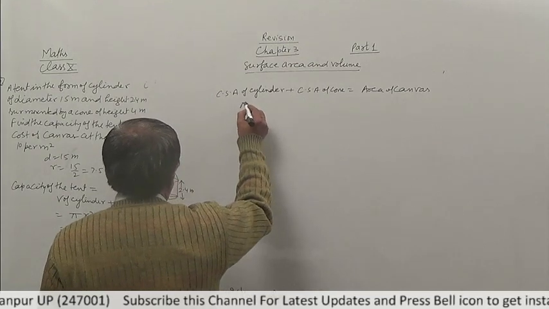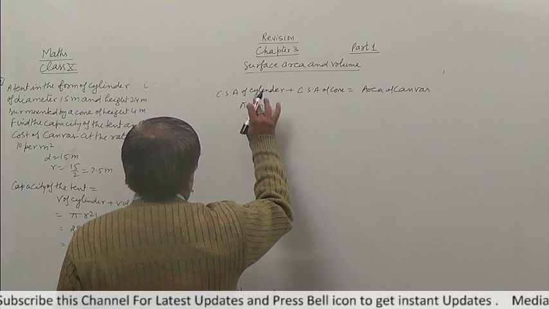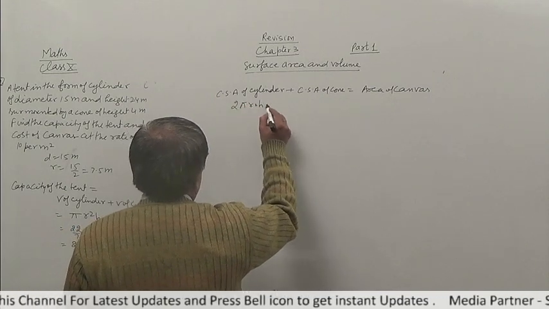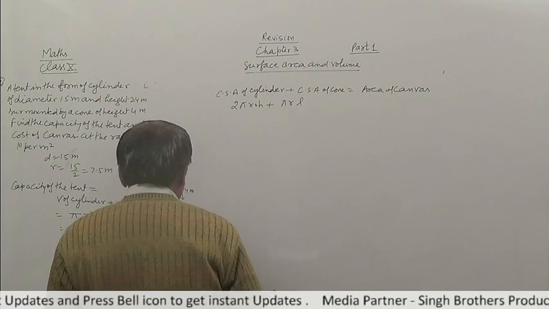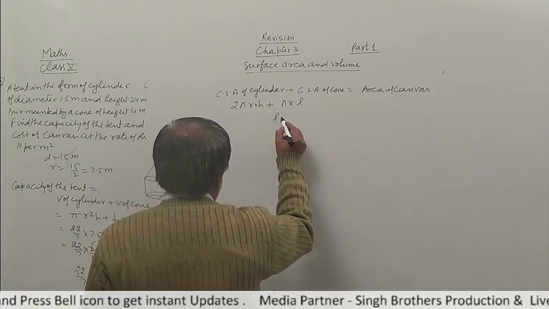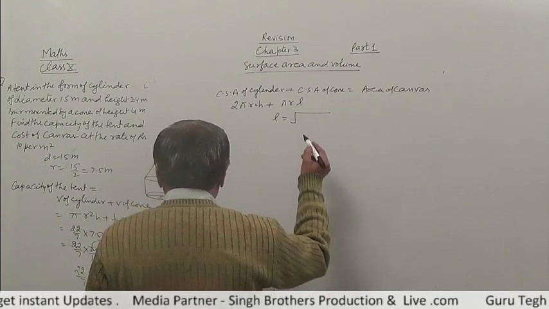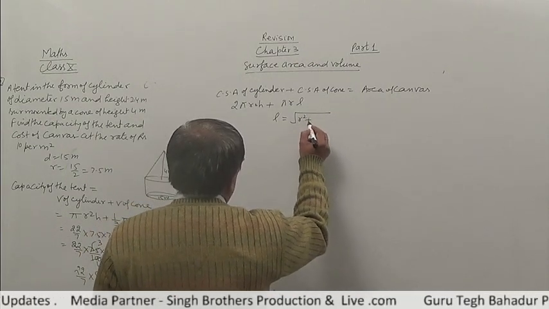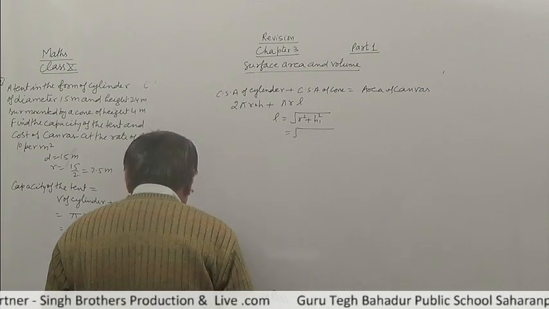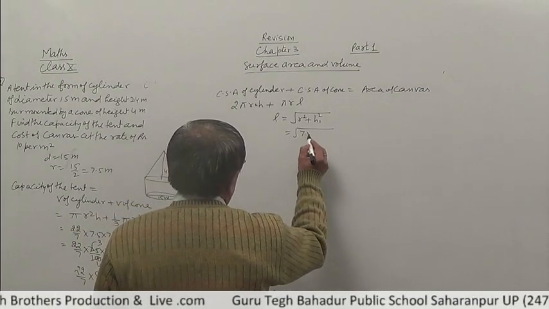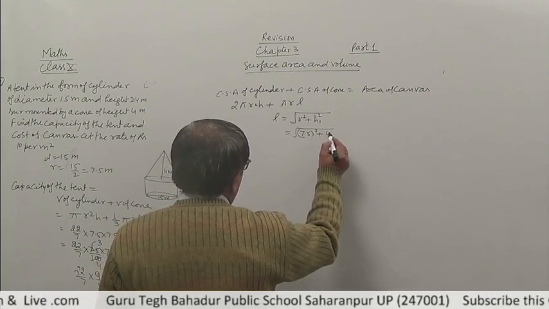So it is 2 pi r h plus pi r l. Now find out the value of l. l is the square root of r square plus h1 square. r is 7.5 square and h1 is 4 square.